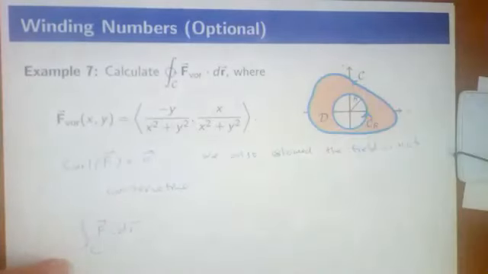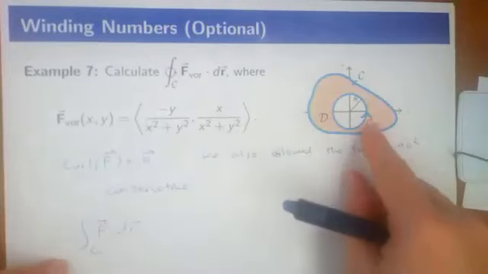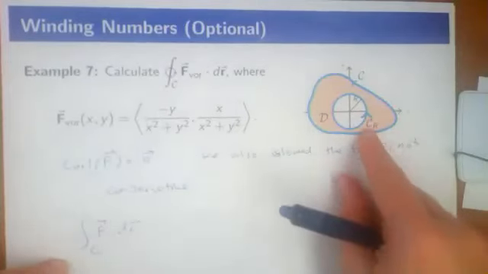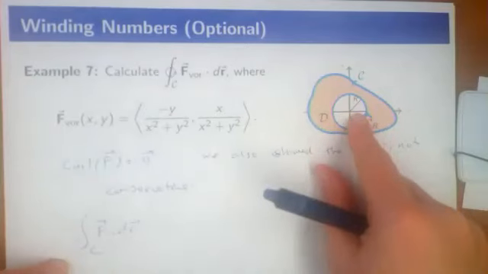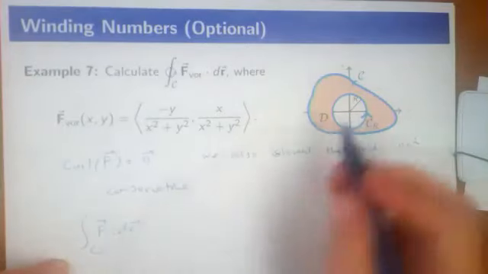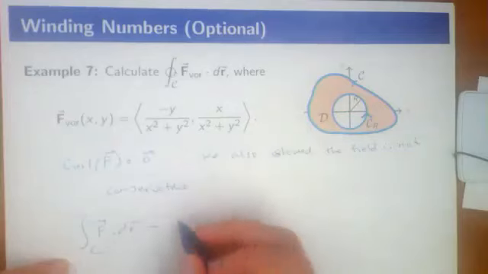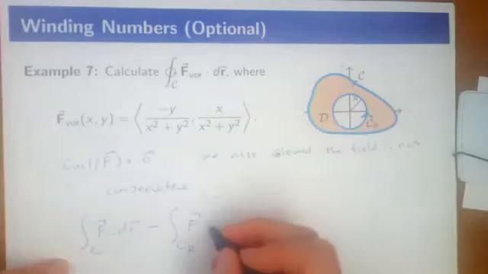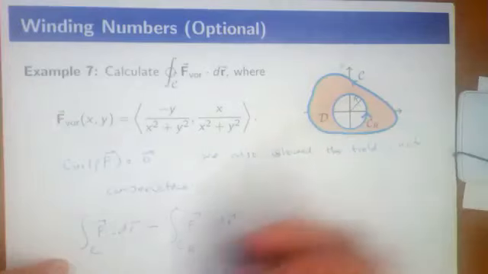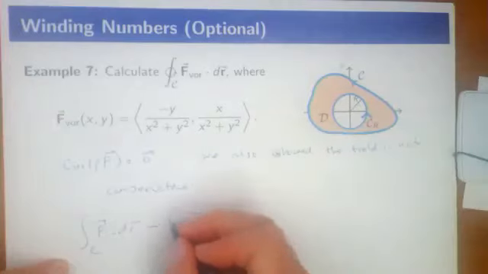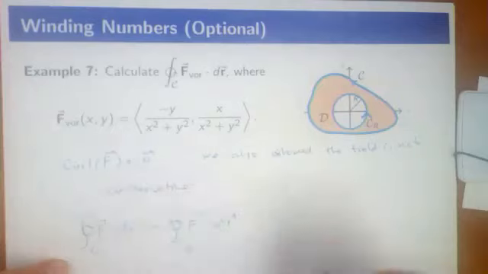What we did before is compute the line integral over the unit circle in the clockwise direction. Because it's clockwise, I have to put in a negative sign, so the integral over the unit circle dot dr, both of them are counterclockwise.